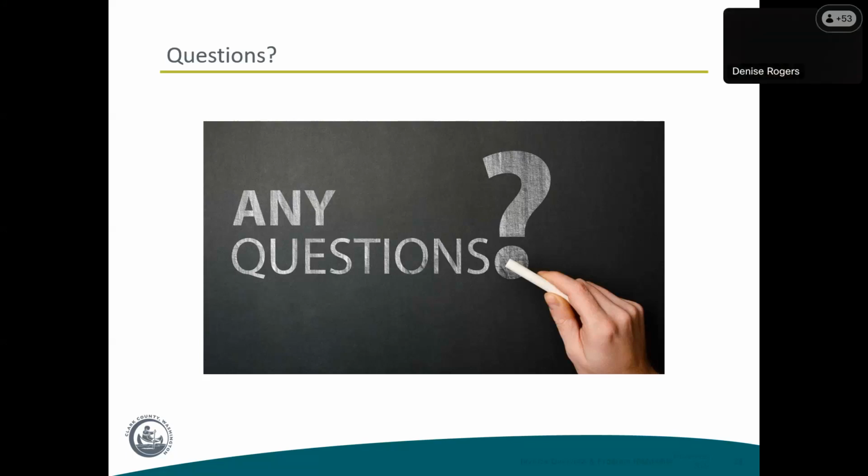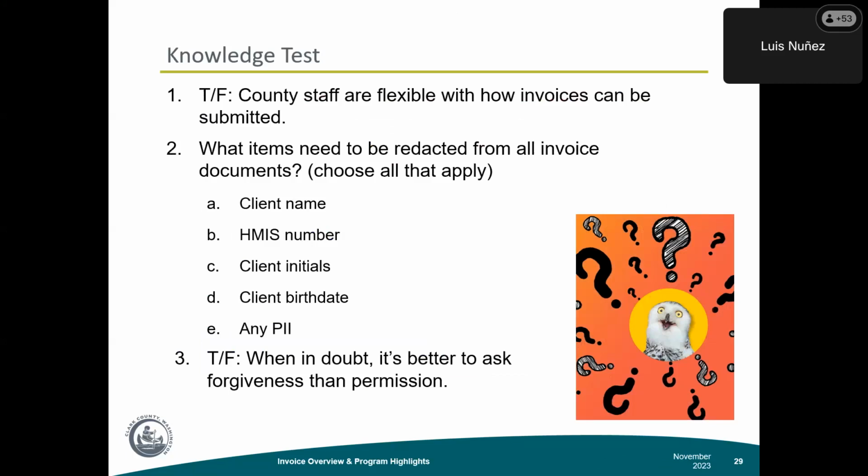Any other questions before we move on? Okay. Next, we have another knowledge test. I know we love these. So the first question is a true or false. The county staff are flexible with how invoices can be submitted. Second question, what items need to be redacted from all invoice documents?